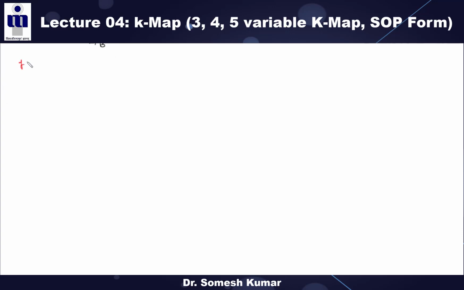Now you have to simplify this expression. This is your expression. 0, 1, 3, 6, 7, right? So now you have to minimize or simplify this expression using the Kmap, right? Now solve it.